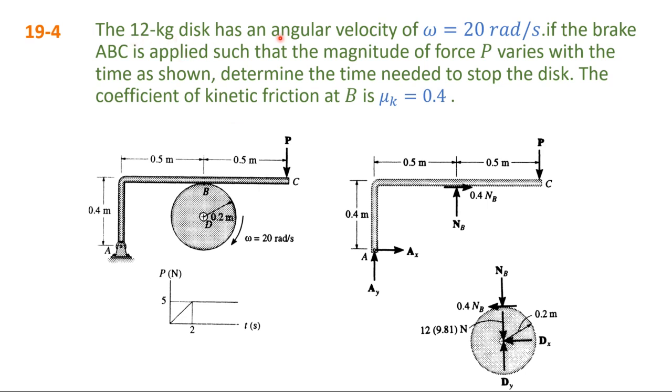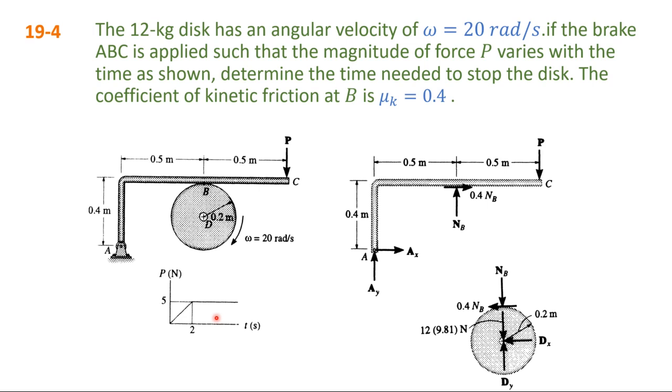The mass of the disk is 12 kilograms. Angular velocity was 20 radians per second. If the brake ABC is applied such that the magnitude of the force P varies with time as shown in this graph, we can see that from 0 to 2 seconds the force will go up to 5 Newtons, and after 2 seconds it continues to 5 seconds.